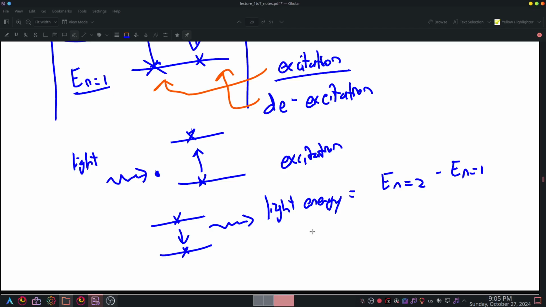This is very important, so we're going to spend some time talking about these transitions. Because of these different energy levels, the light energy that comes out will be of a specific energy.